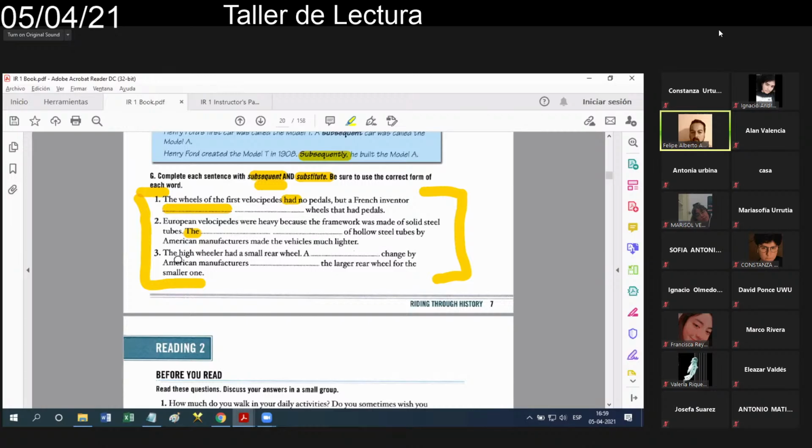And number 3, the high wheeler had a small rear wheel. A piece of cake. Give me the 2. Right off the bat. Right off the bat, what is that?